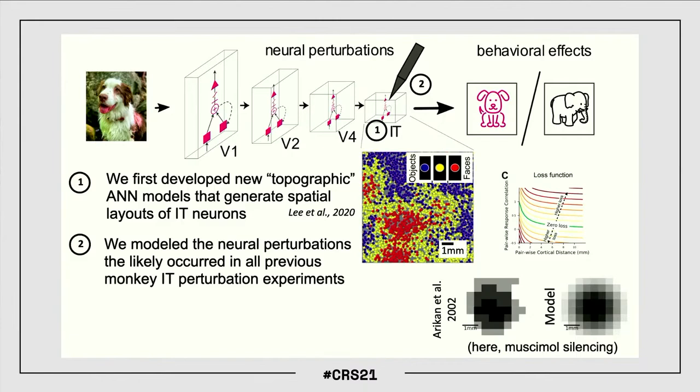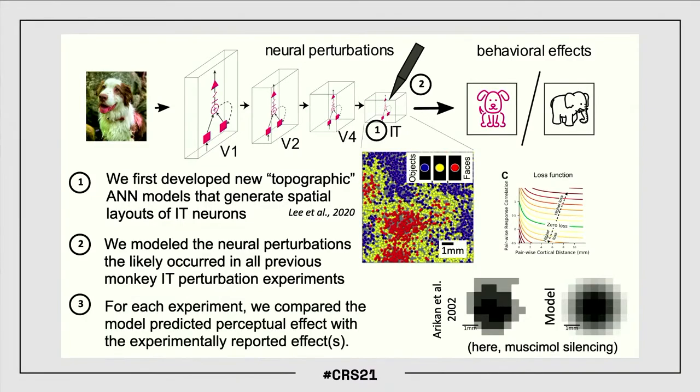Or if you put microstim or optogenetic inputs into these areas, there are known spatial distributions from those experiments that we can use to guide how to set up the models to ask what predictions they make on behavior. We applied those in the same way they were applied for each of the experiments that have already been done in these direct interventional experiments within the ventral stream of the monkey. And then we compared with the actual results of those experiments.